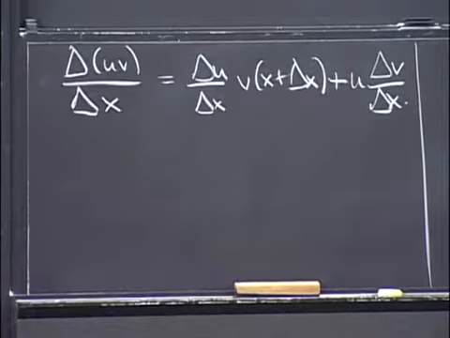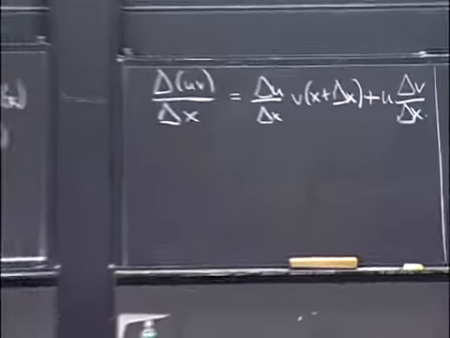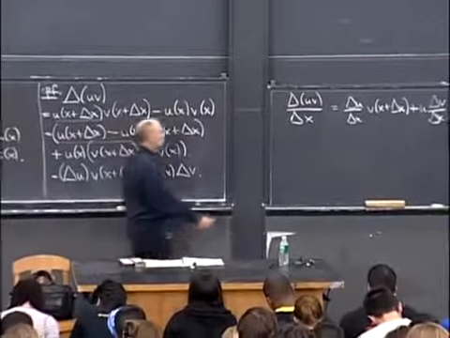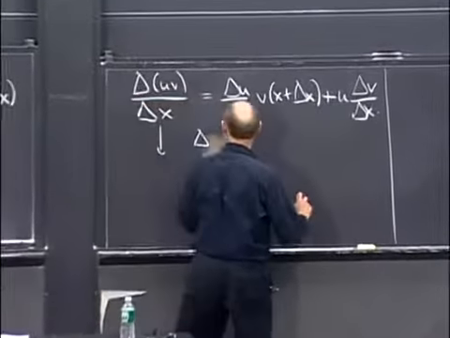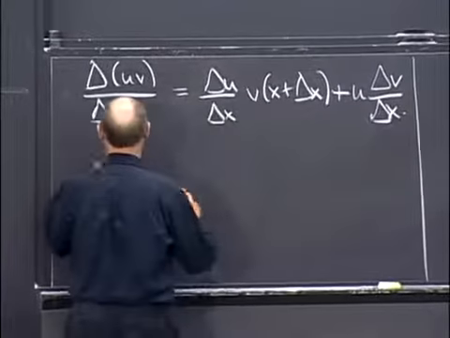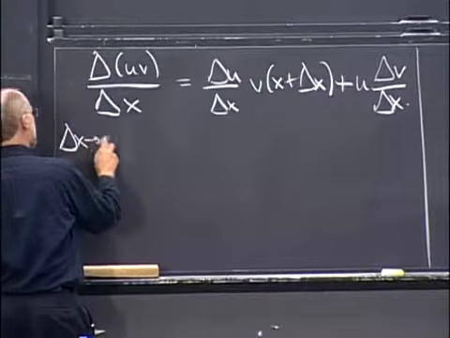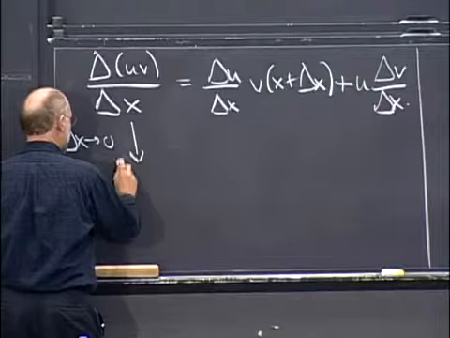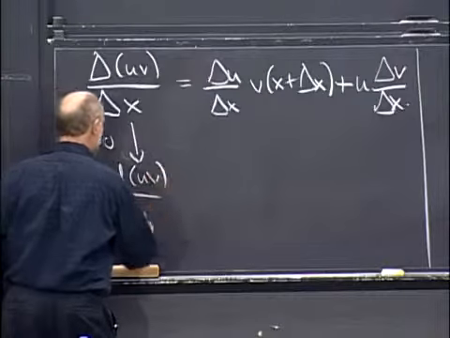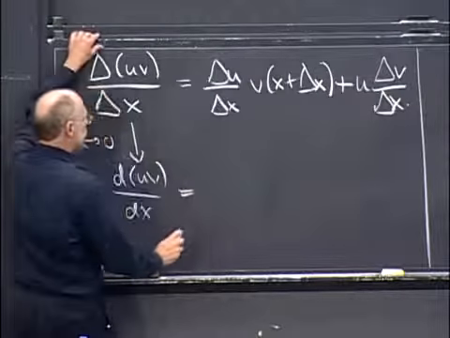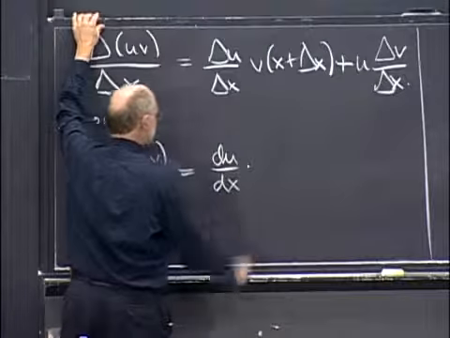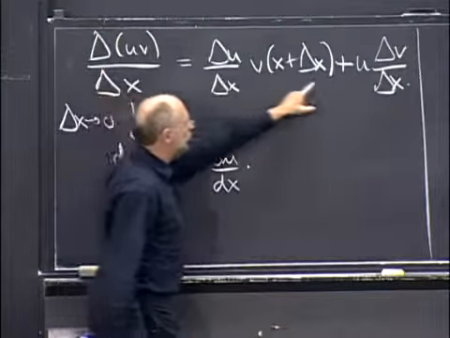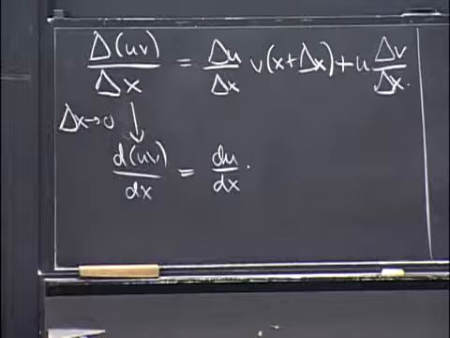So I've just divided this formula by delta x, and now I can take the limit as delta x goes to 0. So this becomes the definition of the derivative. And on this side, I get du/dx times, now, what happens to this quantity when delta x goes to 0?